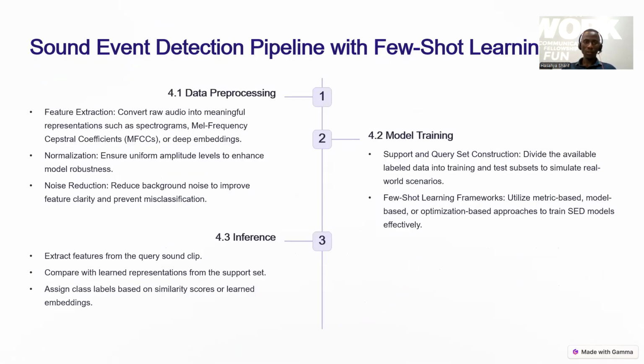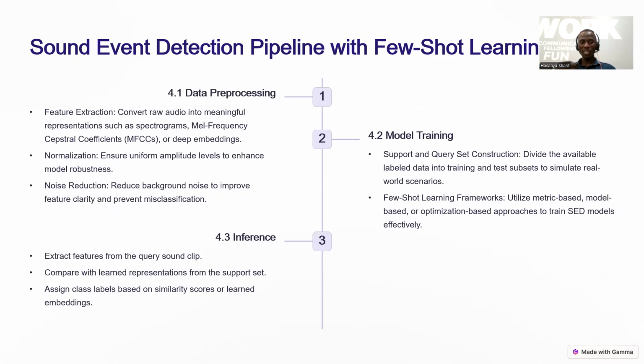And then I'll also talk about the sound event detection pipeline with few-shot learning. The first stage is data pre-processing. Data pre-processing involves preparing the audio signal before it is taken to the training model. We convert the audio into meaningful representations, such as spectrograms, mel frequency, or deep learning embeddings.